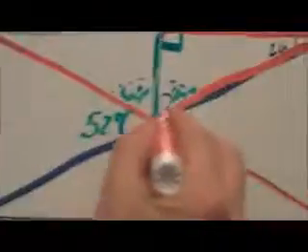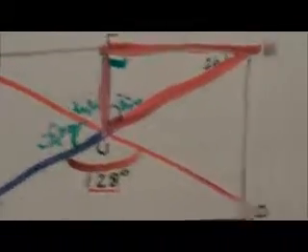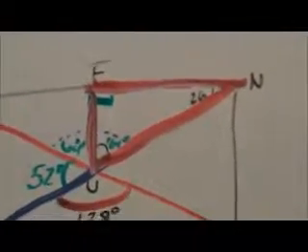If I look at this totally, if I just look at this one part right here, that's a triangle. And as we know, triangles have how many degrees? 180. Watch this.